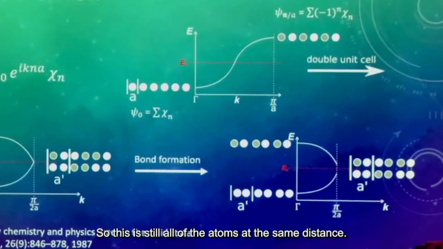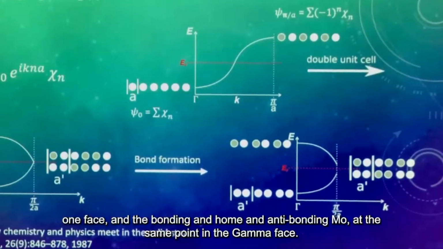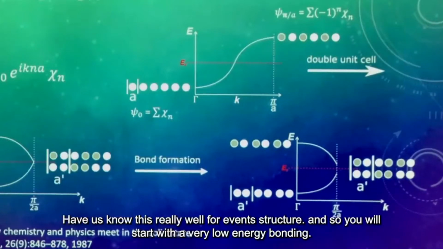So this is still, all of the atoms have the same distance, but you enlarge the unit cell to consider that a hydrogen molecule has two atoms, so you double the unit cell. And what you have to do then is put a molecular orbital of one phase, the bonding MO, and an anti-bonding MO at the same point, the gamma point. Chemists know this really well for a band structure.